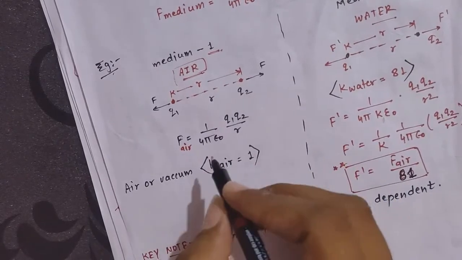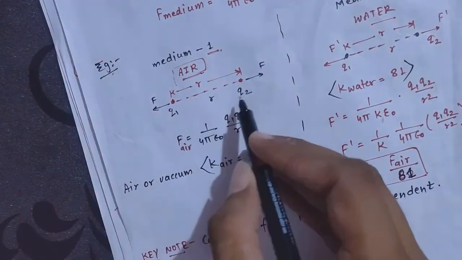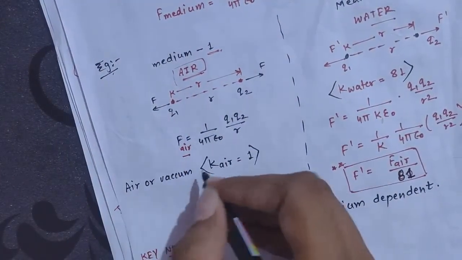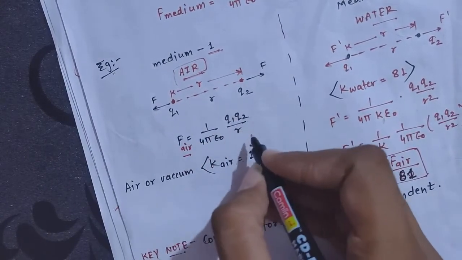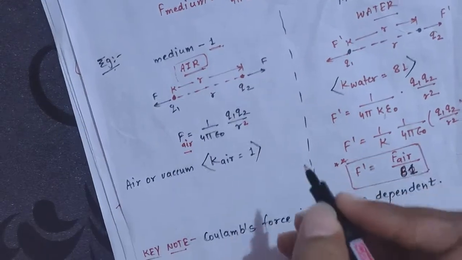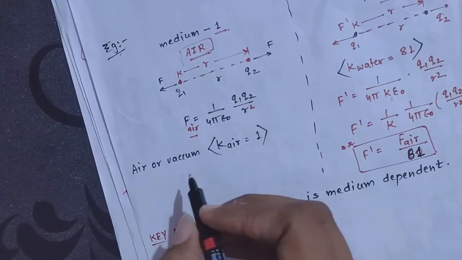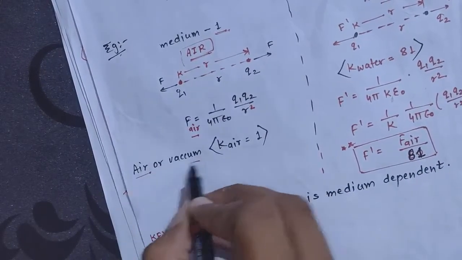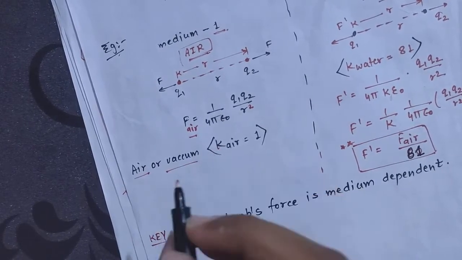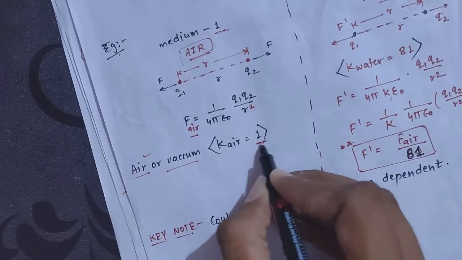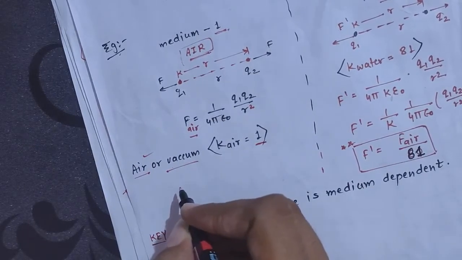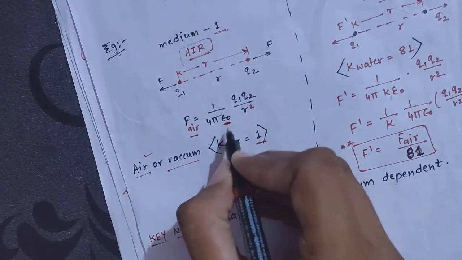So the force experienced by both the charges is F air equal to 1 upon 4 pi epsilon naught Q1 Q2 upon r square. Here note that the dielectric constant of vacuum and of air is 1, so here I placed epsilon naught.